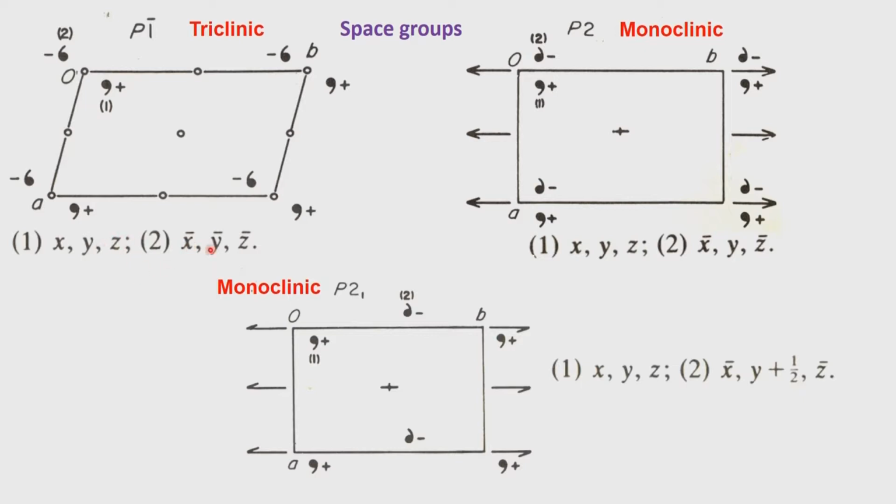So, therefore, these 2 positions are referred to as the equivalent positions. Now, if there is this object occupying each of these equivalent positions, then we say that the number of equivalent positions being 2, the occupancy is full, associated with x y z and x bar y bar z bar. So, we say occupancy is 1.